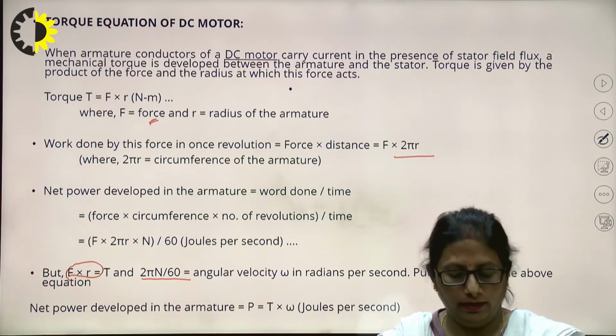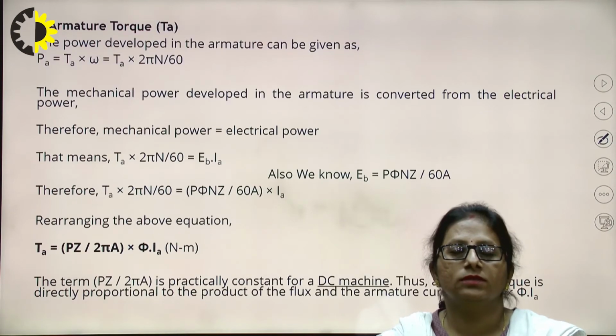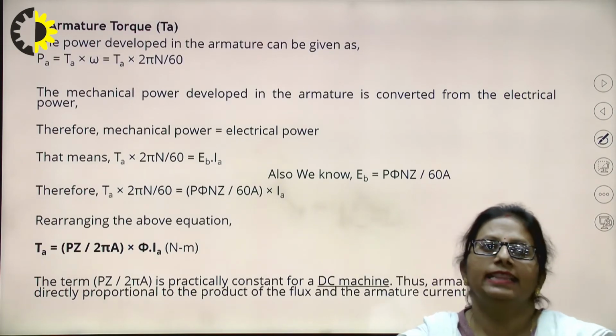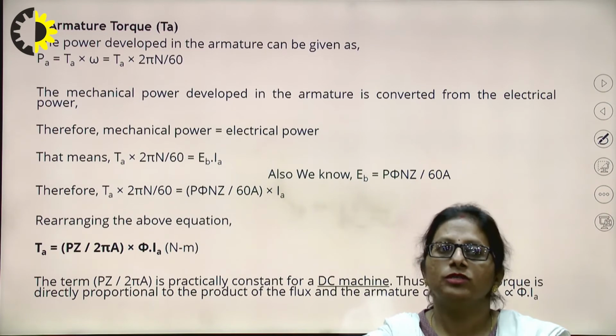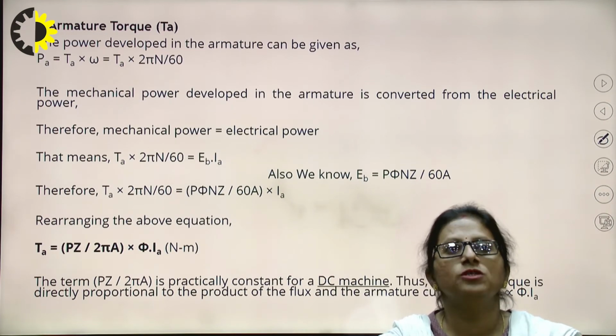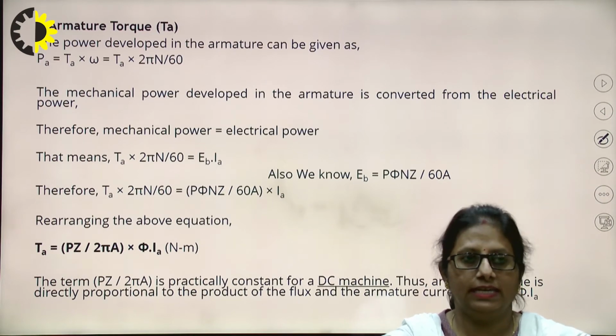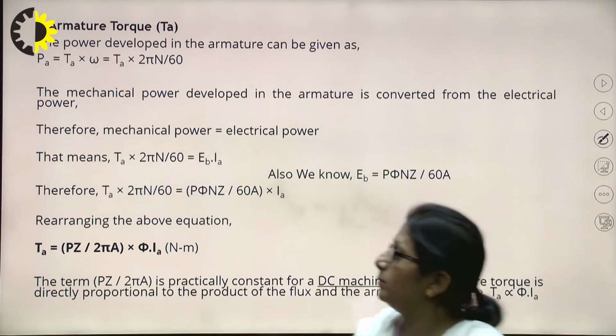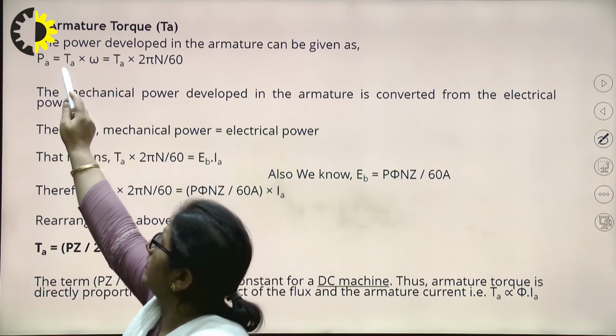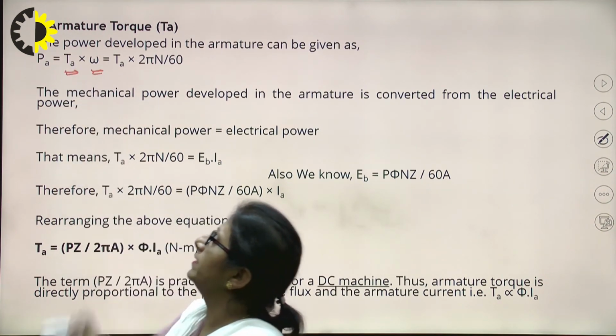Now put it in the DC motor scenario. If I say that tau A is the armature torque, the power developed in the armature is PA, given by the armature torque multiplied by the angular speed.